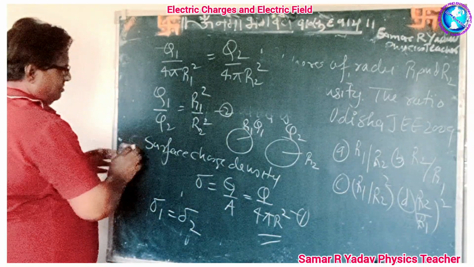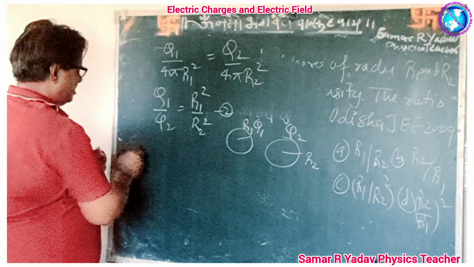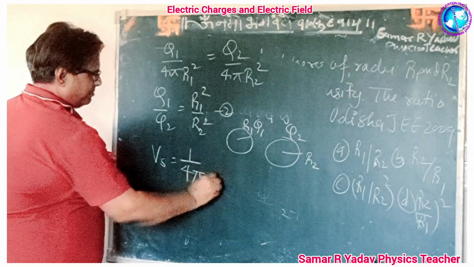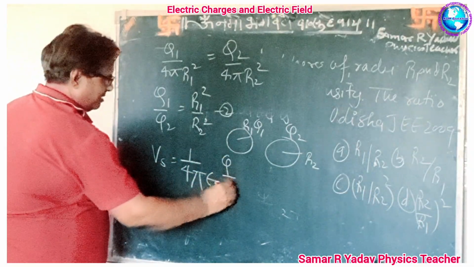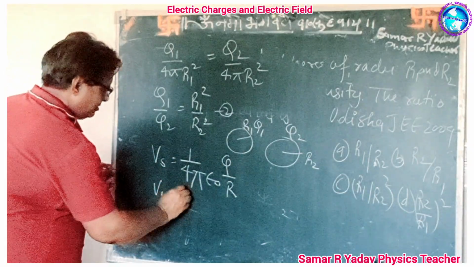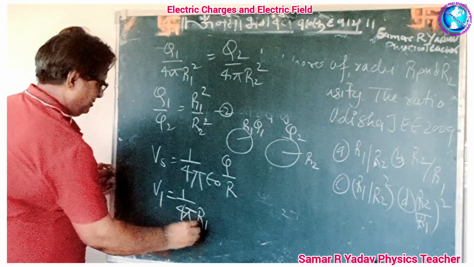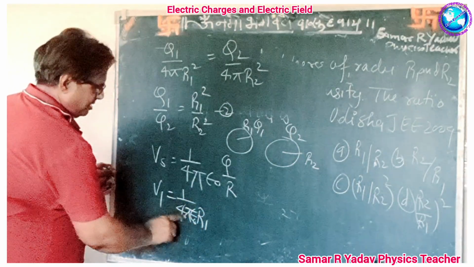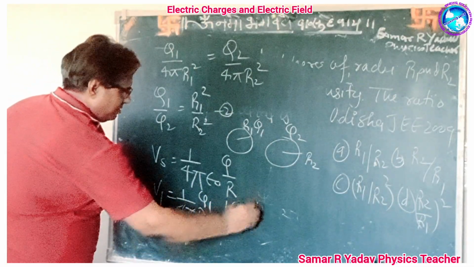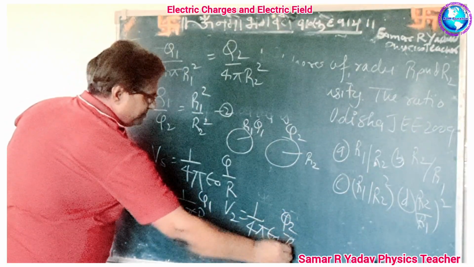Now we know that the potential of a charged sphere is V equal to 1 upon 4 pi epsilon 0 Q upon R. Therefore V1 is equal to 1 upon 4 pi epsilon 0 Q1 upon R1, and V2 is equal to 1 upon 4 pi epsilon 0 Q2 upon R2.